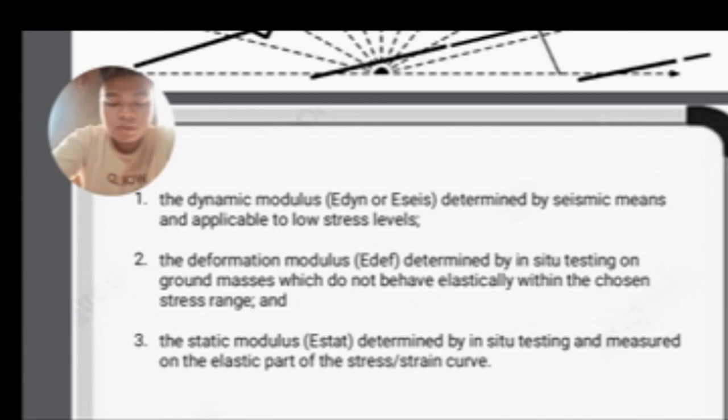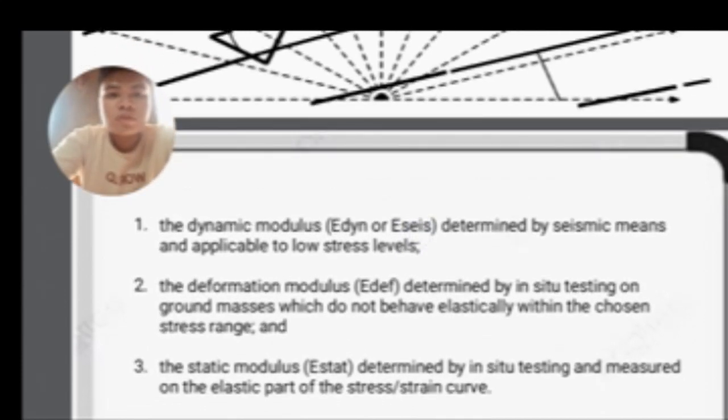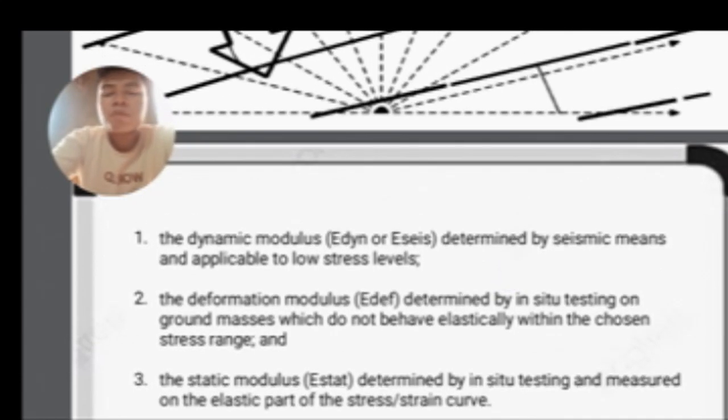So it has been argued that there are three moduli which can be measured. The first one is the dynamic modulus, or E sub dyn, or E sub seis, determined by seismic means and applicable to low stress levels. So it is applicable only to the smallest stress levels.